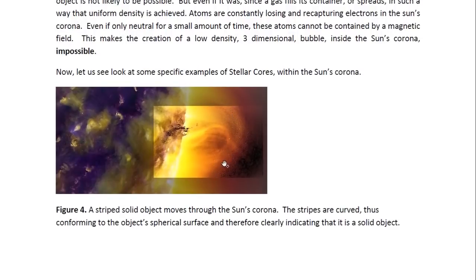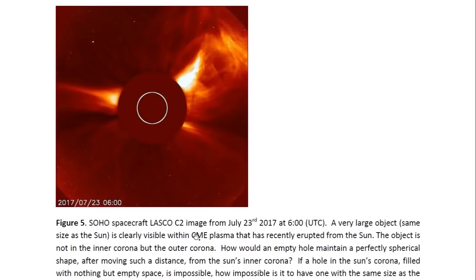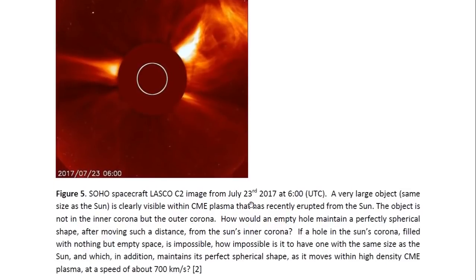We know we have Jupiter in our solar system, which is striped. This object would be about half the size of Jupiter, but very similar, because it seems to have a lot of stripes, just like Jupiter does. And here's a LASCO C2 image where we see this circular outline, which clearly indicates that this is a spherical object, because the circular outline is retained as this object moves away from the sun.